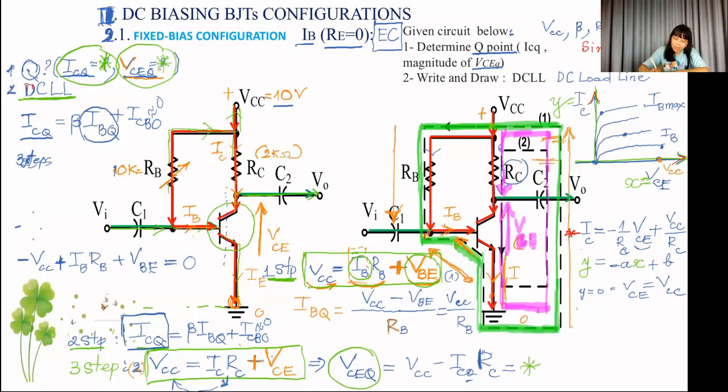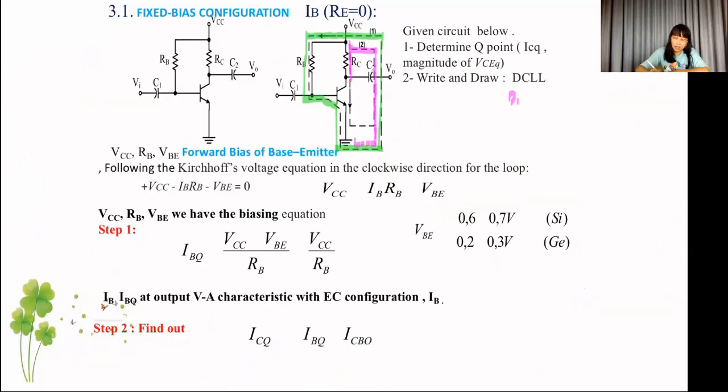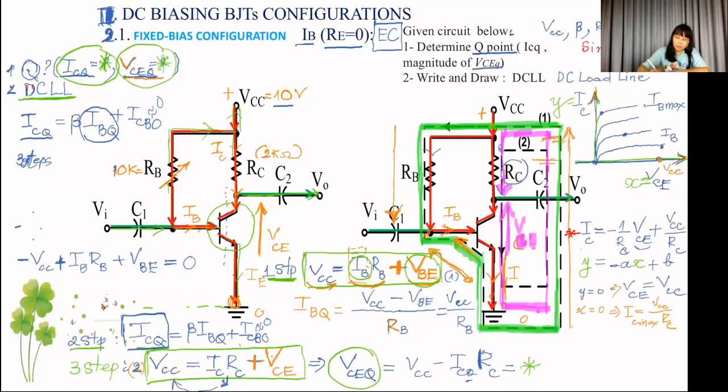Now I put X equal 0. We have the IC max is equal to VCC divided by RC, right? Here, for example, this is VCC divided by RC.